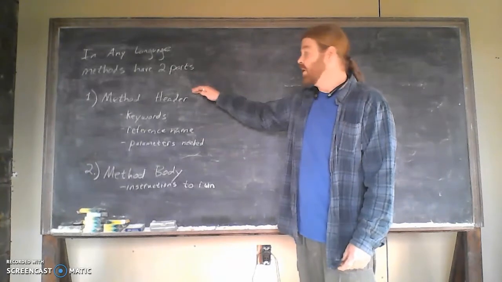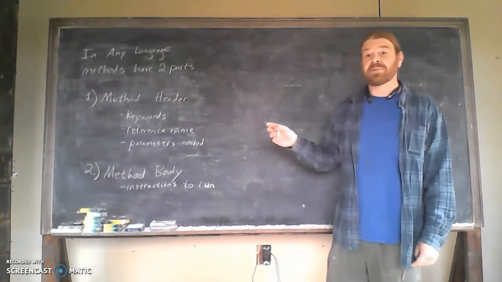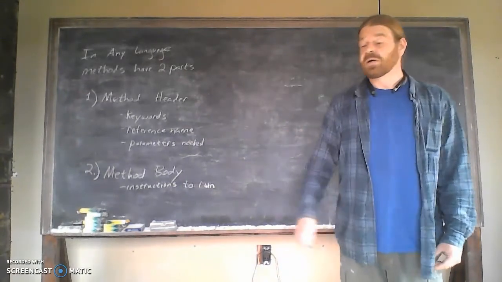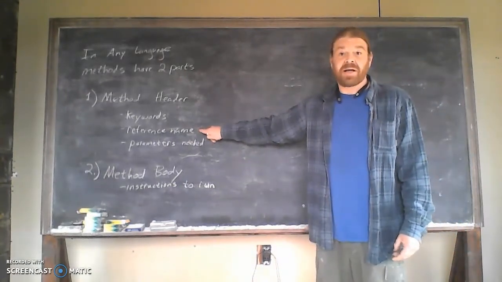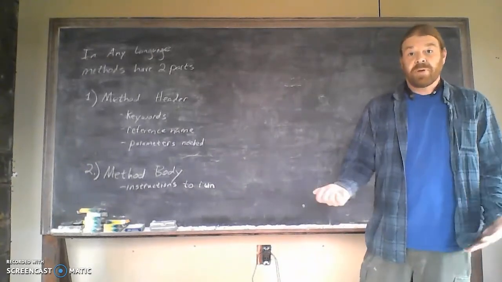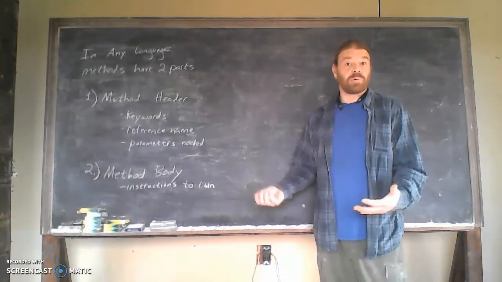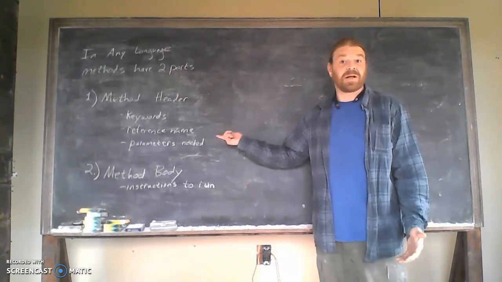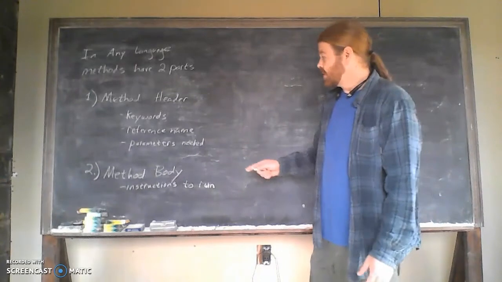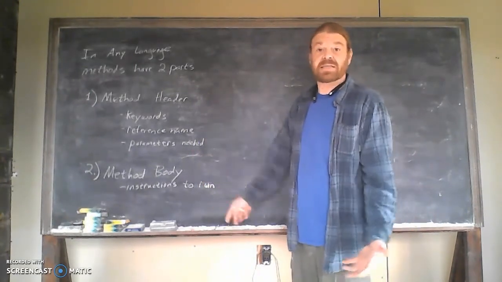So that's the two sections we have no matter what language we're working in. We have a method header, which will have our keywords and some syntax, the stuff telling the machine we have a function to call. A name that we're going to ask for it by, and then the list of the parameters that the method will need. If it's going to need a number to work with inside, we want to have a spot to pass that in. So, places to accept parameters, and then the method body is just our instructions.